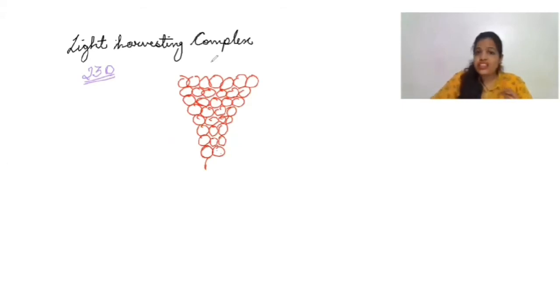Now, in this light harvesting complex, there is one main pigment or molecule of chlorophyll A. This main chlorophyll A molecule is known as the reaction center.